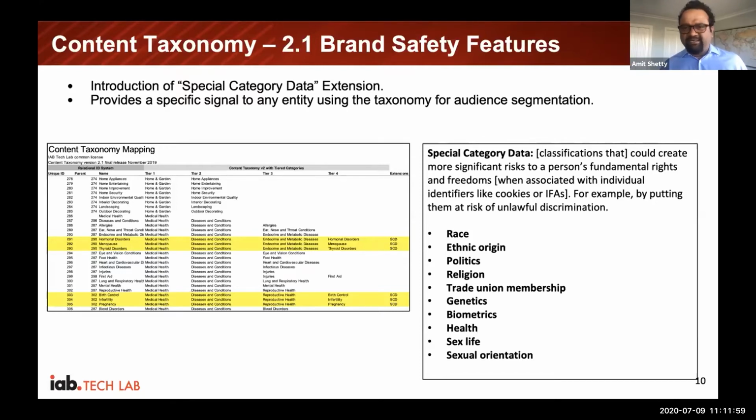Things like race, ethnic origin, politics, and so on. The idea is to ask the publishers and the brand safety vendors to deal with those pieces of content with a little more sensitivity. Make sure that those pieces are not tied to a particular user, and have a little more intelligence on how you target, especially based on those categories.